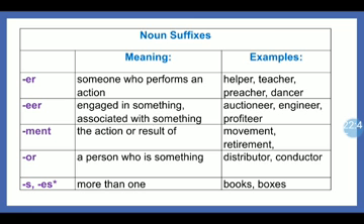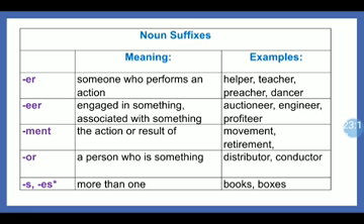It means someone who performs an action. So for example, helper. A helper would be someone who helps. So -er tells you the person who does an action.